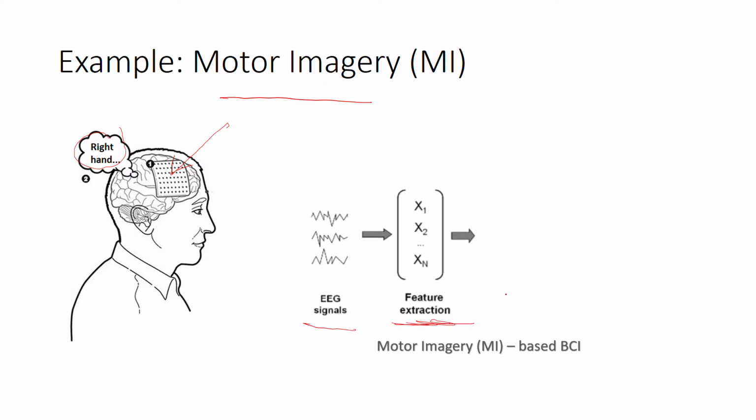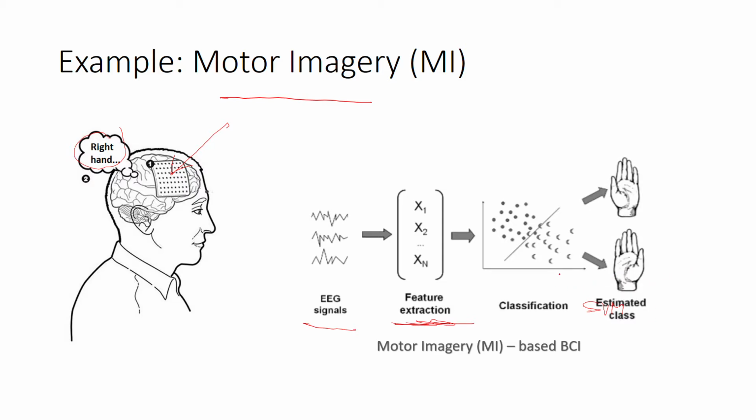Once you extract the features, then you need to classify them, maybe using a support vector machine or neural network, as I told you before. And then once you classify them, in a motor imagery application you will probably have the estimated class, which could be the left hand movement or the right hand movement.